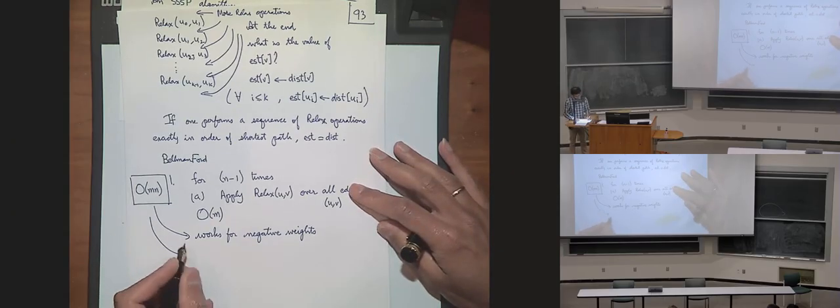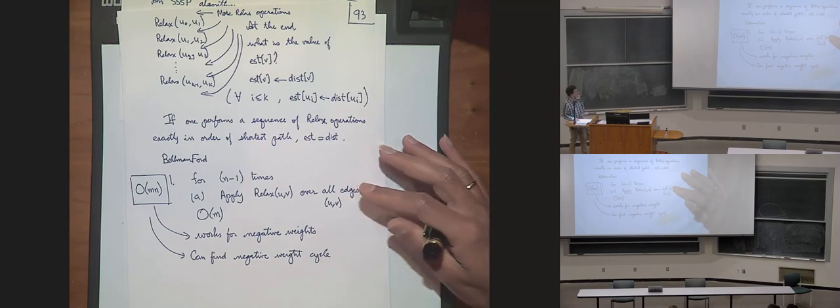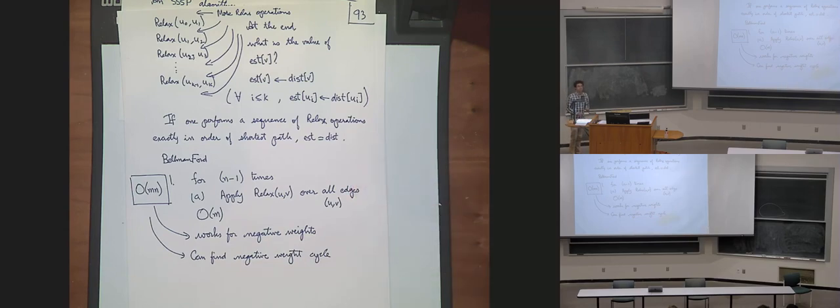Now, Bellman-Ford, with a little bit of care, can also find a negative weight cycle. This you have to think about a little bit carefully.